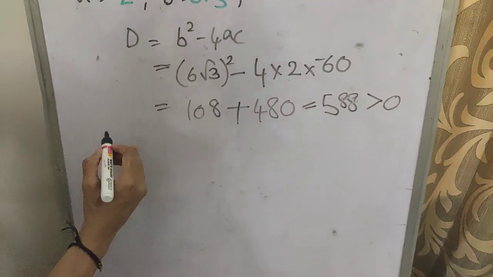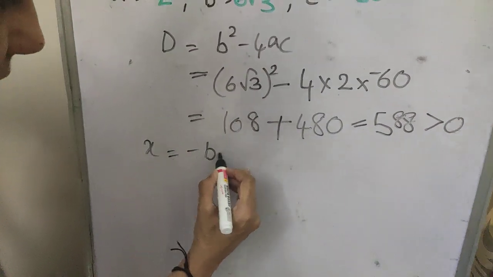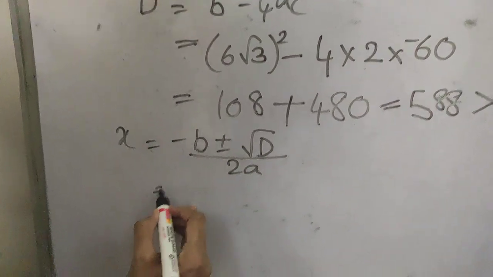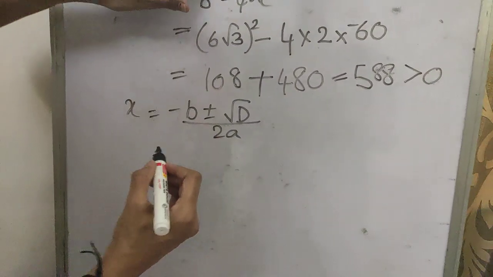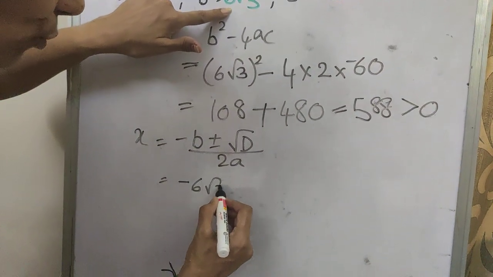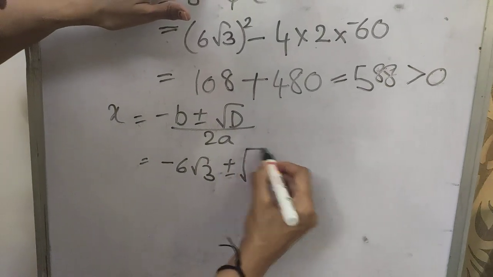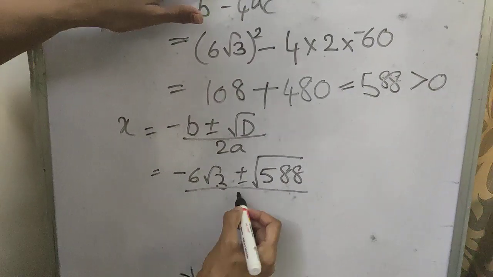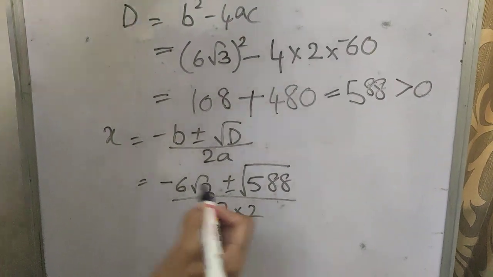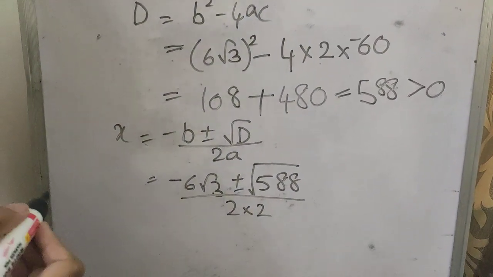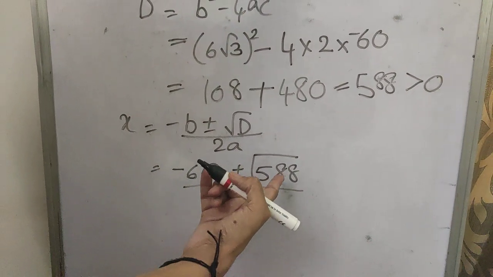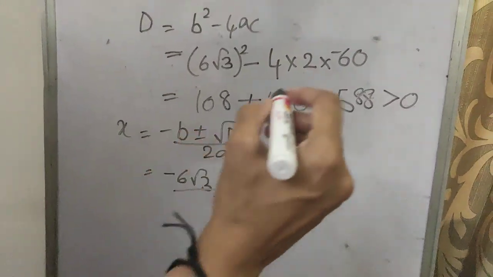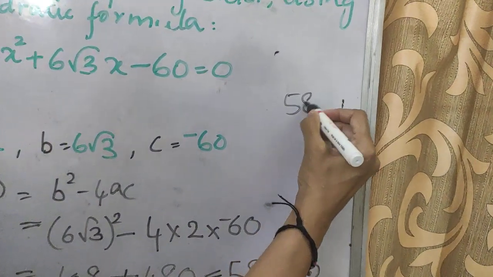So the roots are given by x equal to minus b plus or minus root d by 2a. What is minus b here? 6 root 3. So minus b will be minus 6 root 3 plus or minus root of 588 by 2 into 2. Okay, now you need to find the mixed form of 588, isn't it? We know that 588 is not a perfect square. Quickly let us see how to do.